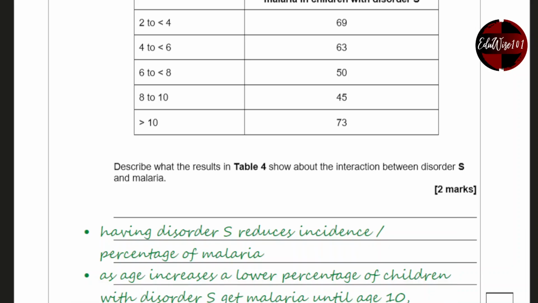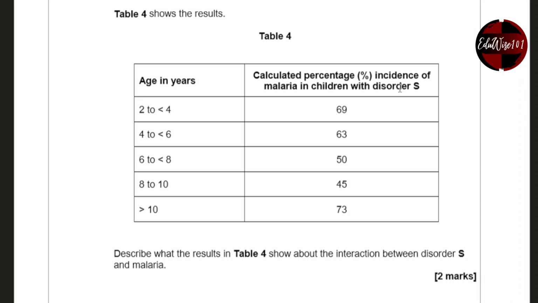Having disorder S reduces the incidence percentage of malaria. So it's only 69 as opposed to without the disorder. So you need to understand what's actually happening in this column. So they're comparing those.